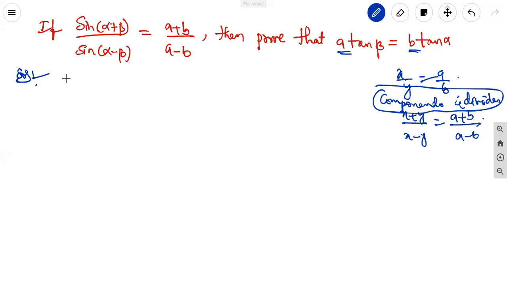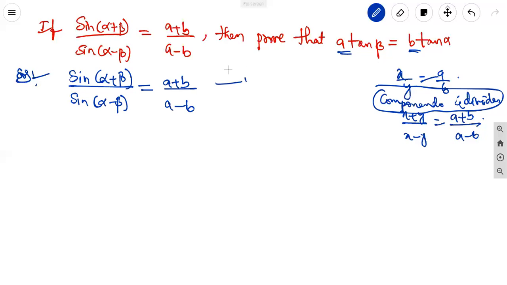Here, first we write what they have given: sine of alpha plus beta by sine of alpha minus beta is equal to a plus b by a minus b. Let it be equation 1.